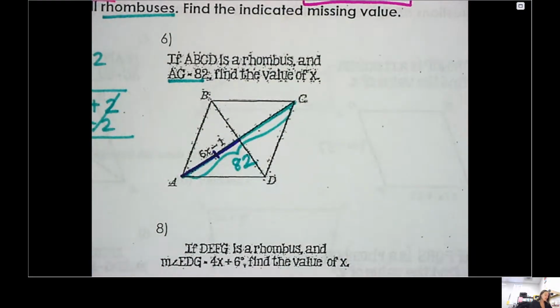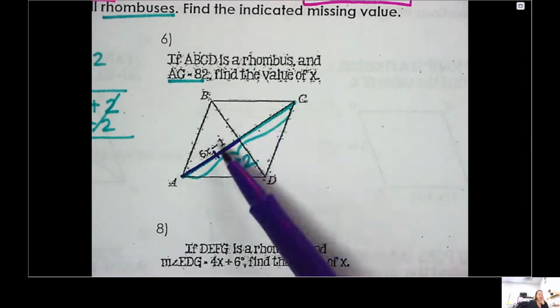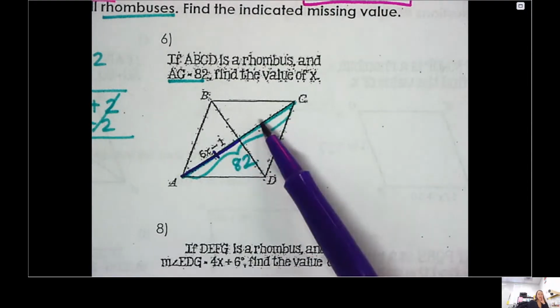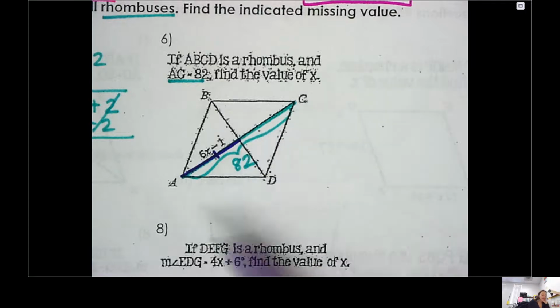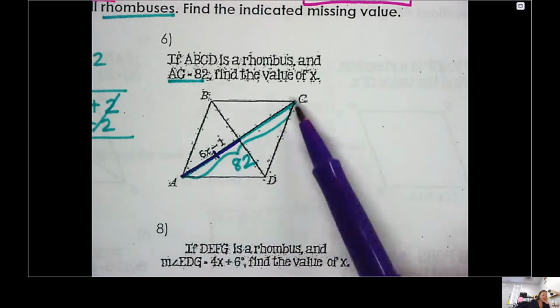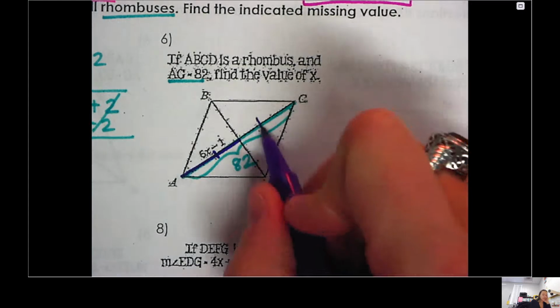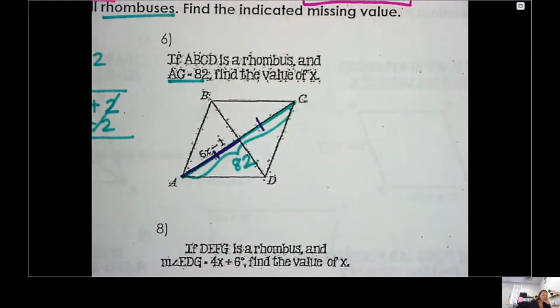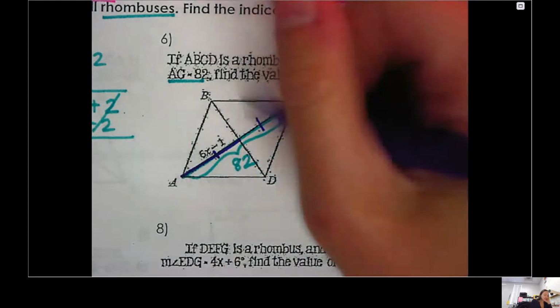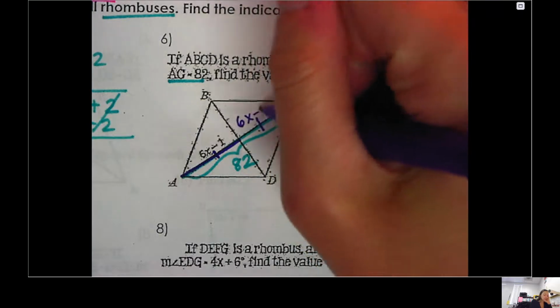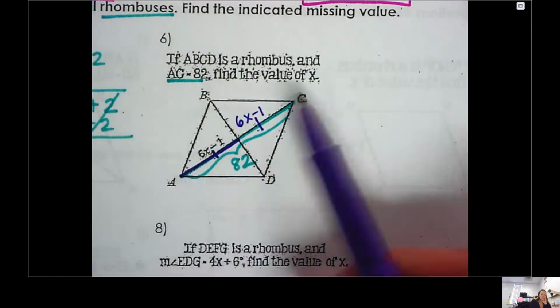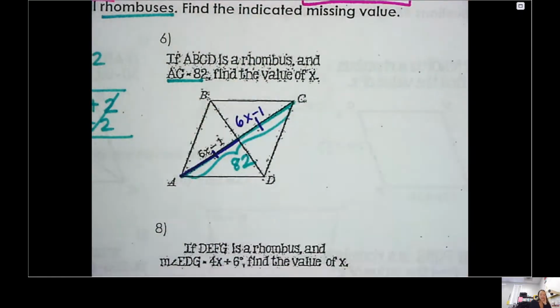Now, I know that in a rhombus, the sides that make up the diagonal are congruent. So I know that A to the center and C to the center should be exactly the same thing. So since this one's 6x minus 1, this one's also 6x minus 1. I know if I combine the two together, I should get 82.